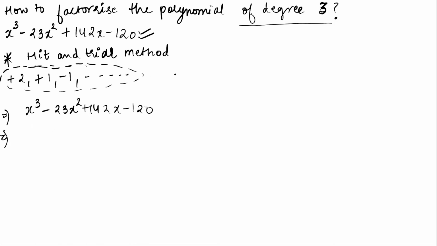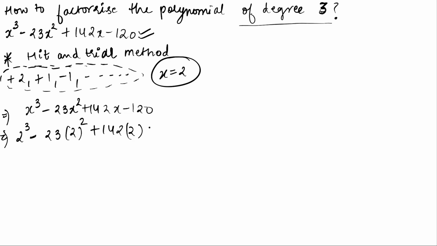x cube, if I take x equals to 2. 2 cube minus 23 into 2 square plus 142 into 2 minus 120. So I've got here 8 minus 23 into 4 will give us 92. Sorry, it was here 142. Now 142 into 2 will give us 284 minus 120.